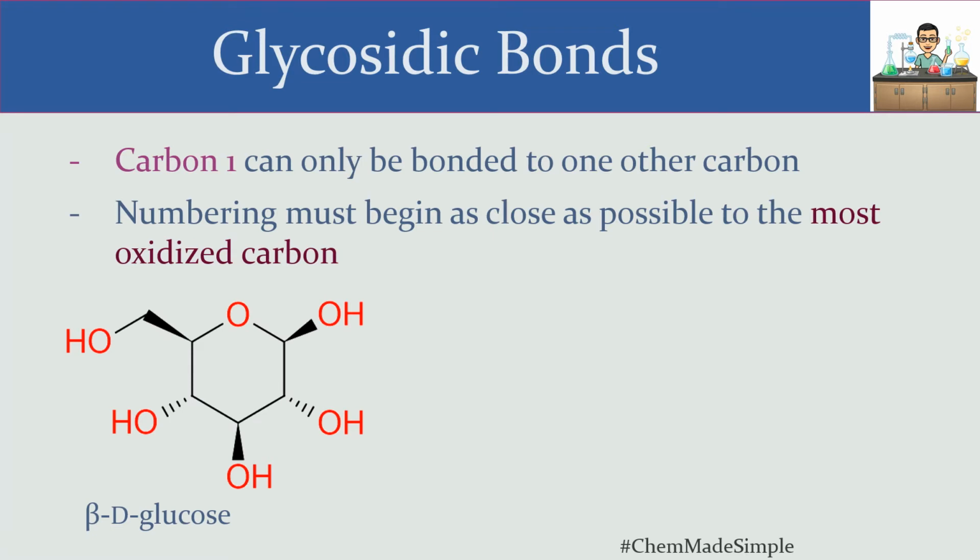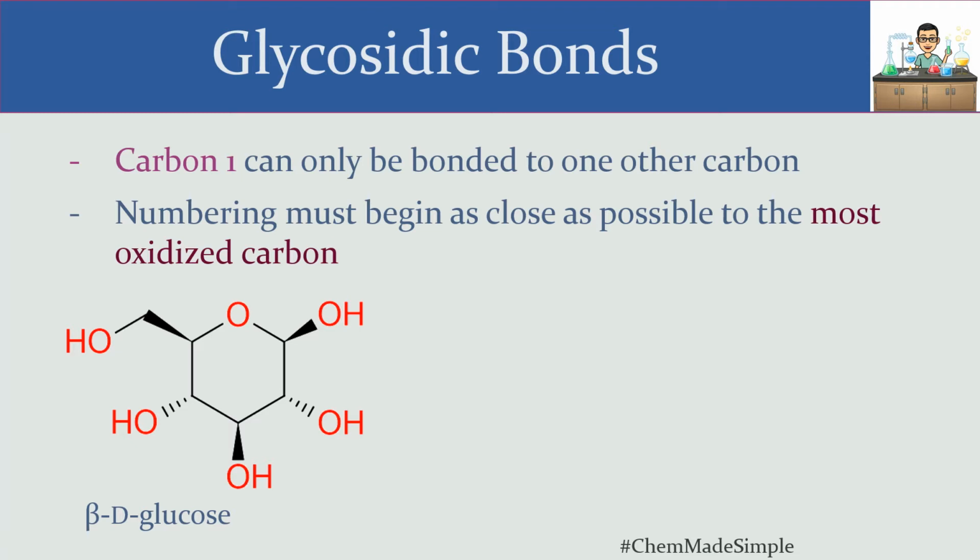Let's take a look at a molecule like glucose. Whether it's D or L is something we've already covered in another lesson, and whether it's alpha or beta is something we're going to take a look at shortly. What I want to look at now is just getting our bearings and figuring out where carbon number 1 is going to be.